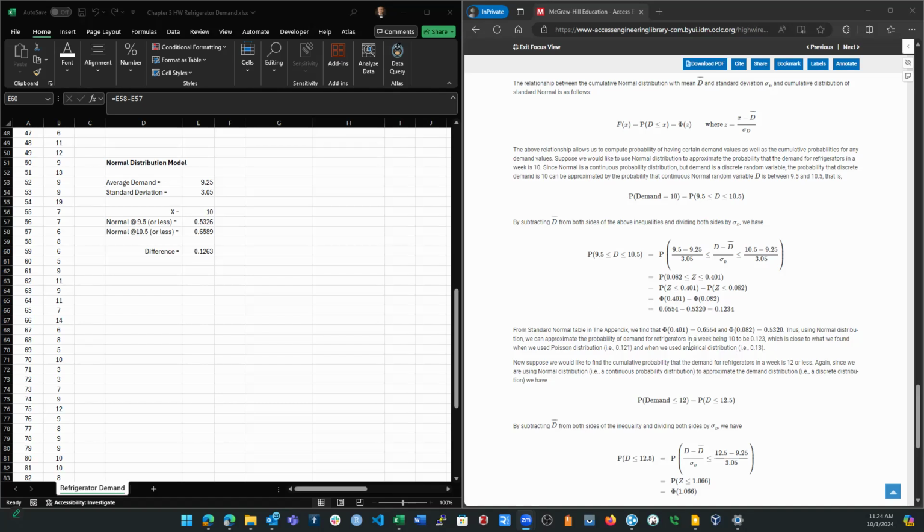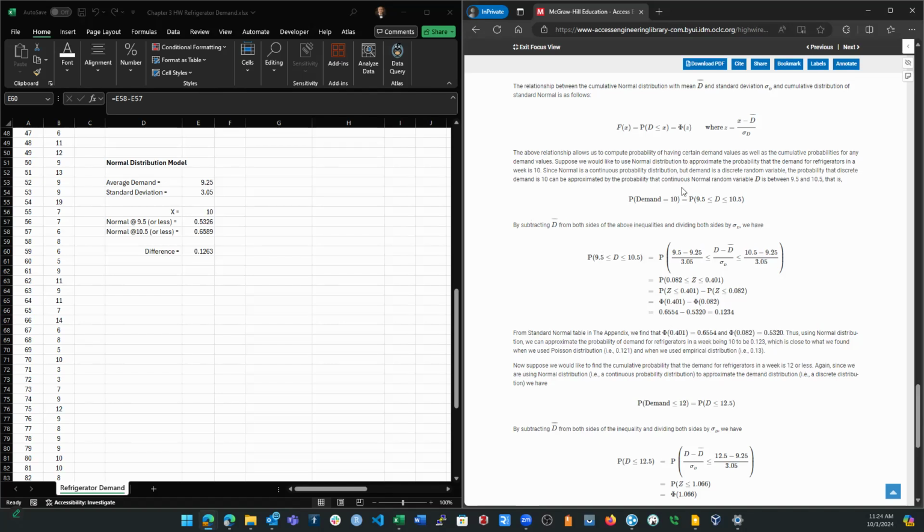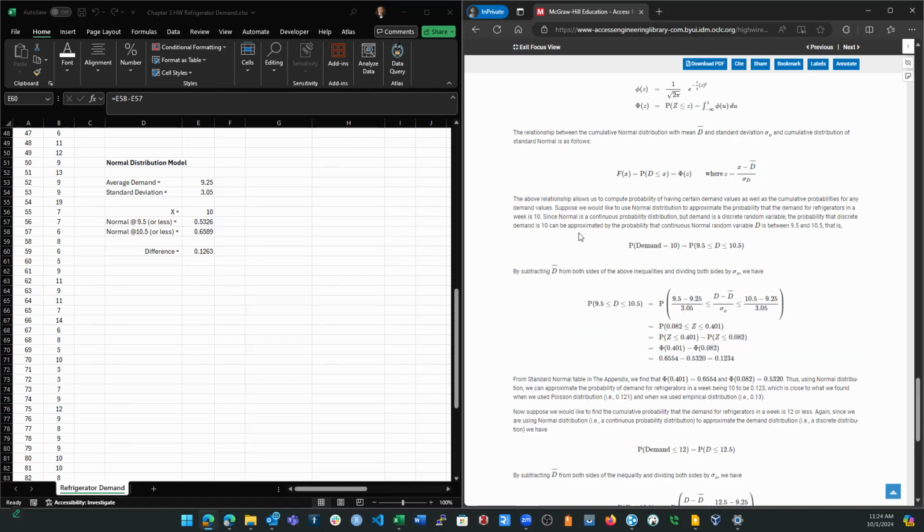Notice that what we're doing here in this second part is we're saying we want to know the demand for refrigerators in a week if it's 12 or less. Our original question up here in the first part of the normal distribution was looking for a specific demand of 10. So it's interesting that when we're looking for a particular demand, in this case 10, we take the difference between 9.5 and 10.5.